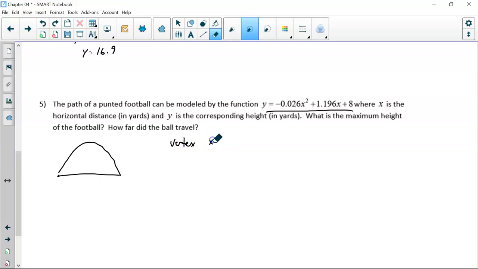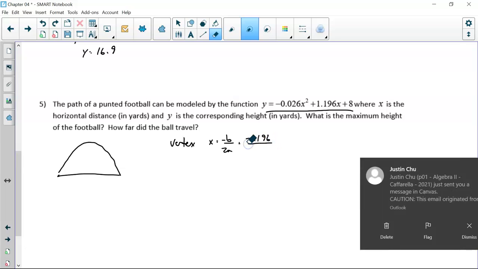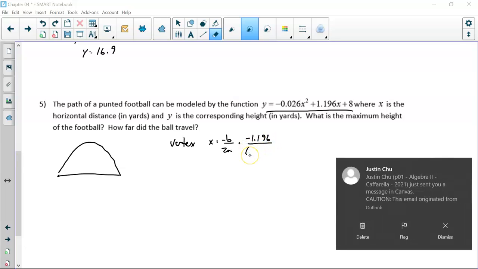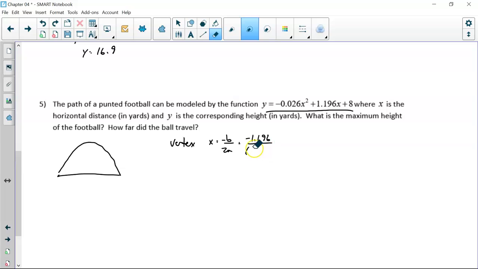To find the vertex, x equals the opposite of b over 2a. So it's going to be negative 1.196, all divided by, and make sure you put your denominator in parentheses, 2 times negative 0.026. So when you type that in your calculator, you get x equals 23.